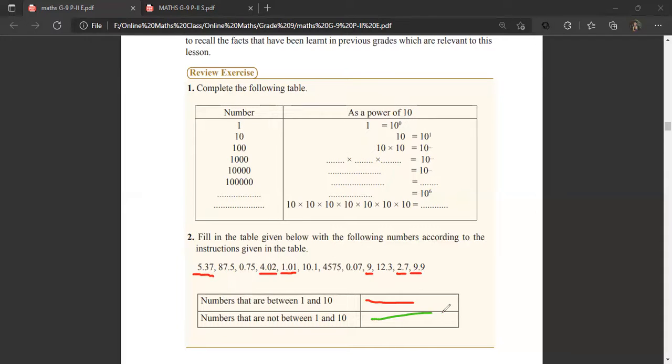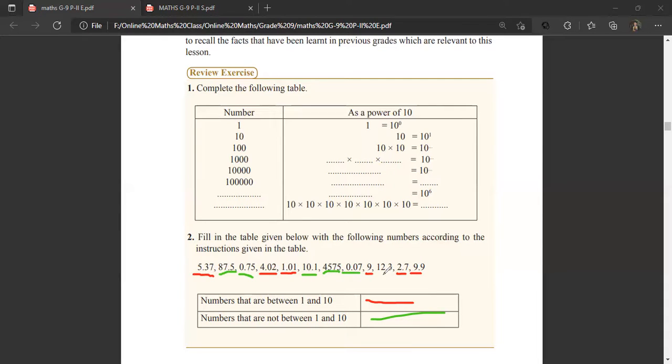Next row. That means between 1 and 10, right? What are the answers? 87.5, 10.1. What about 0.75? That is not between 1 and 10, no? It is less than 1. Yes, 10.1, then 4,575, 12.3.